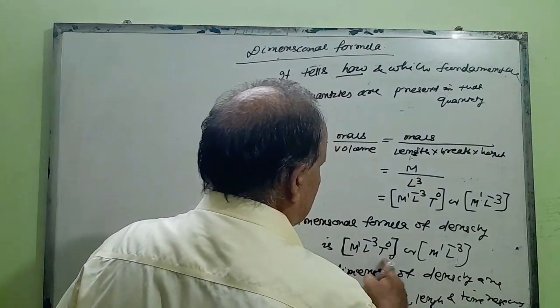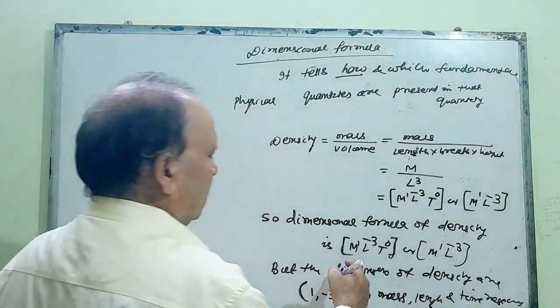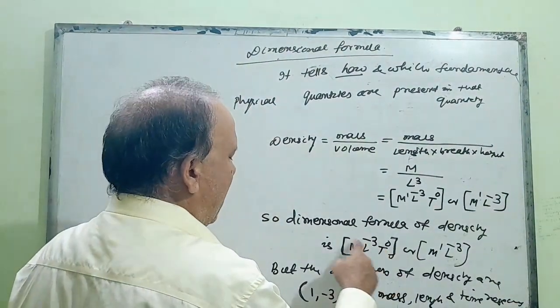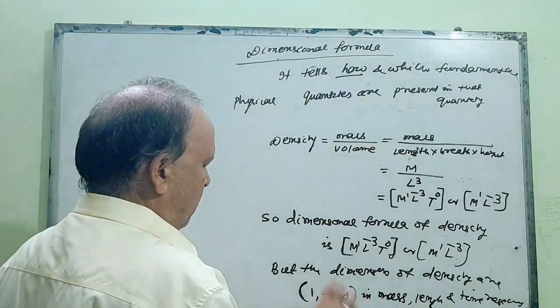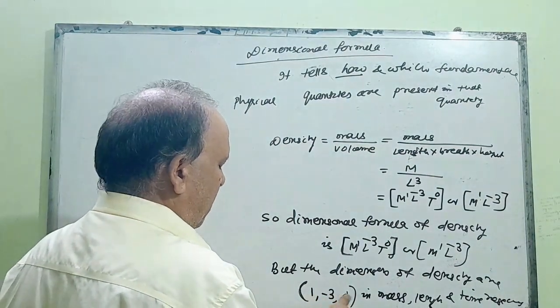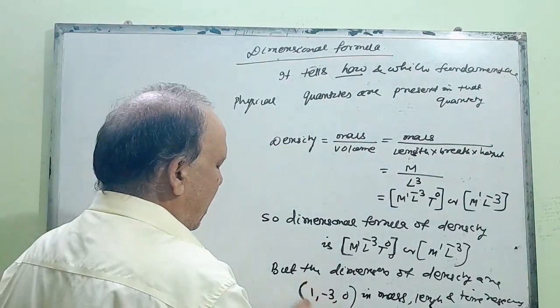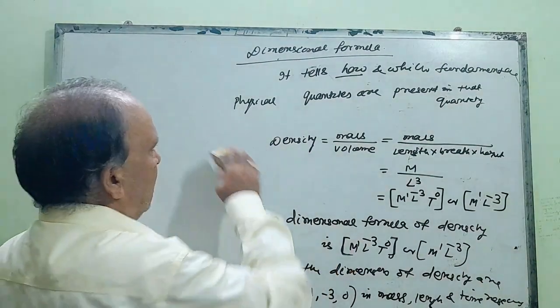This is the dimensional formula and this is the dimensions. Remember, in dimensional formula, you write the symbol as well as the power and give square bracket and no use of a comma. But in dimensions, we use only the power of the fundamental physical quantity separated by comma and give parenthesis.